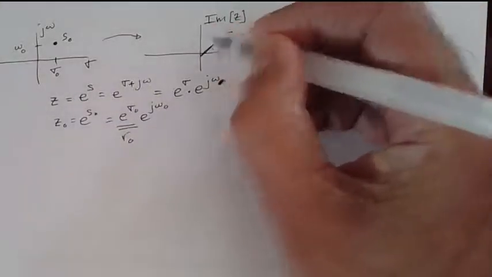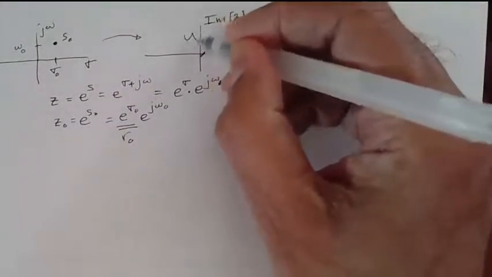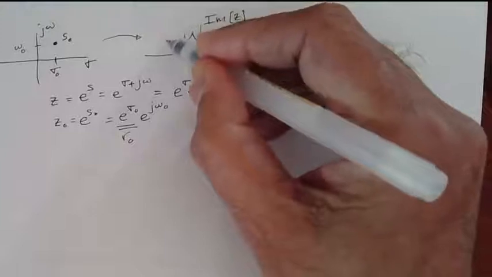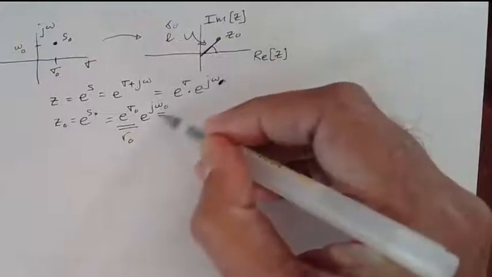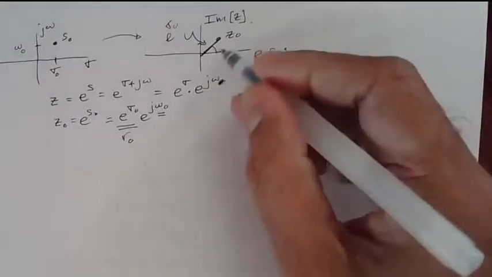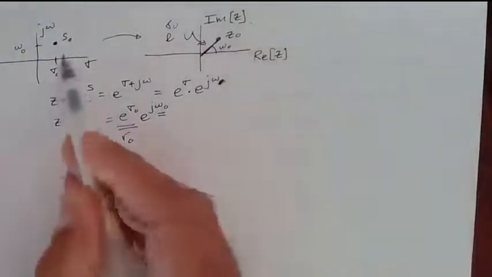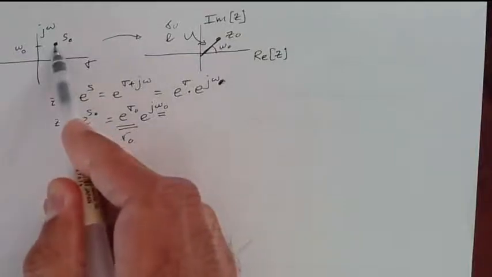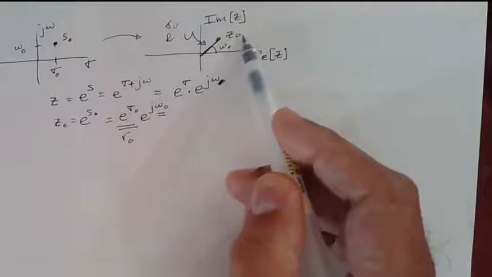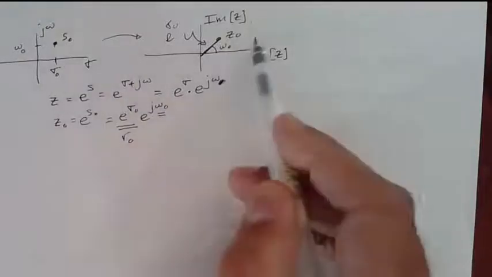This length is e to the sigma 0, and this angle is omega 0. That way I can map a point from the S-plane, the Laplace domain, into the Z plane. Okay, so that's going to be my mapping.